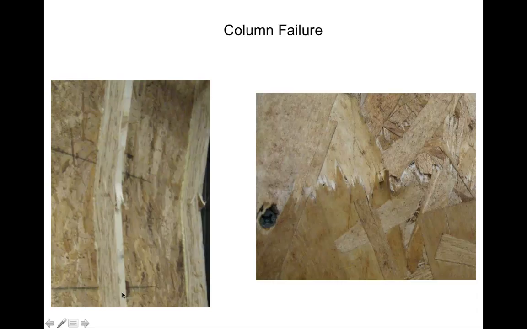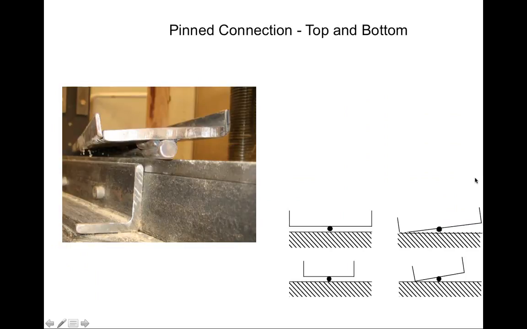Here are the failed columns. And by the way, these columns were able to support anywhere, say, between 17,000 pounds and above that. So they're fairly rigid and fairly strong columns. But here's showing the columns after buckling. Here's showing how the OSB basically failed in this case. And in order to use the pin connection at the top and bottom, here we have it pin.